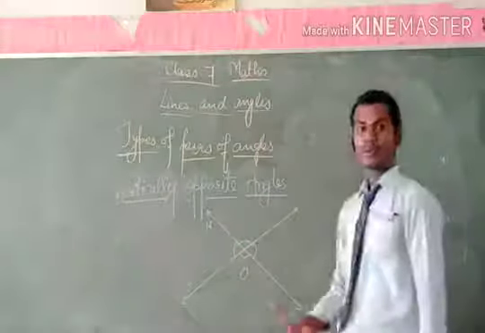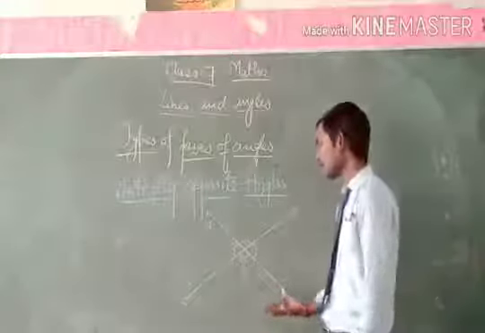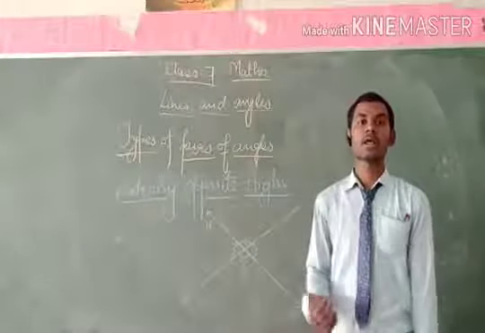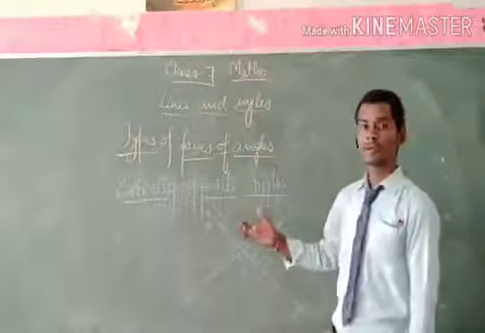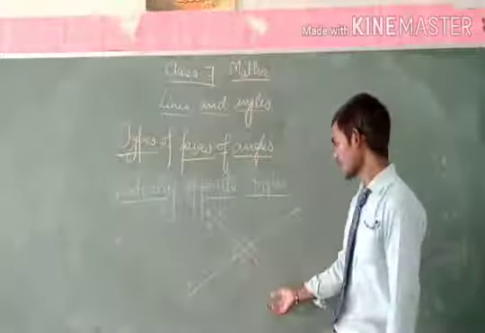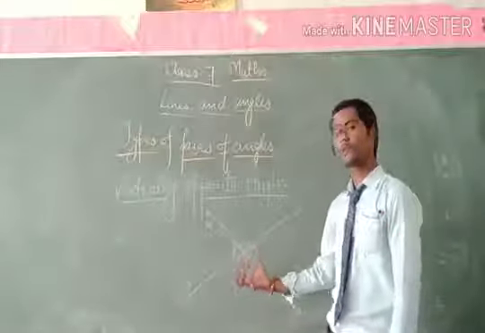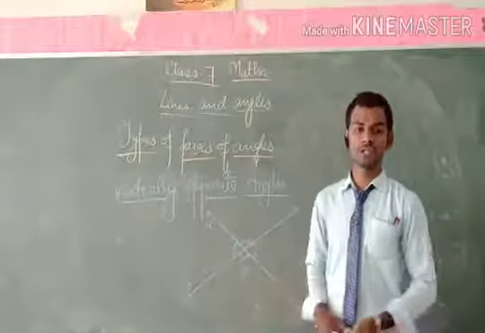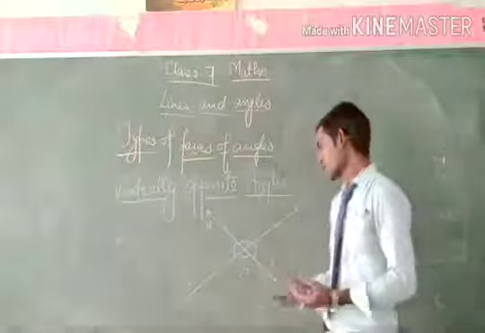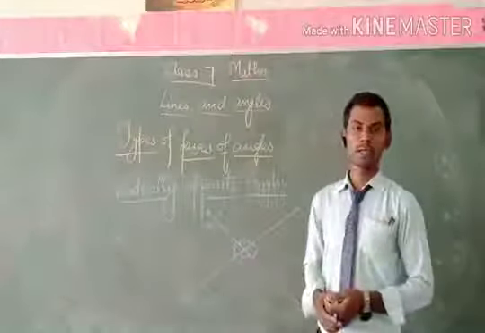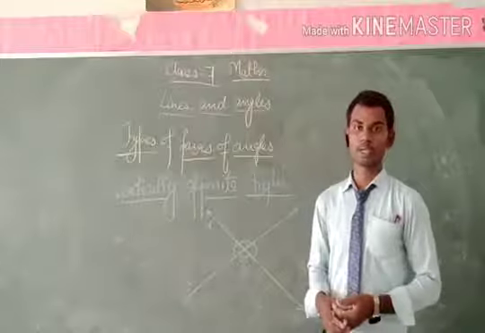These angles are vertically opposite angles, and some of them are also known as linear pairs. In this figure we can see that two angles which form in opposite directions are known as vertically opposite angles.